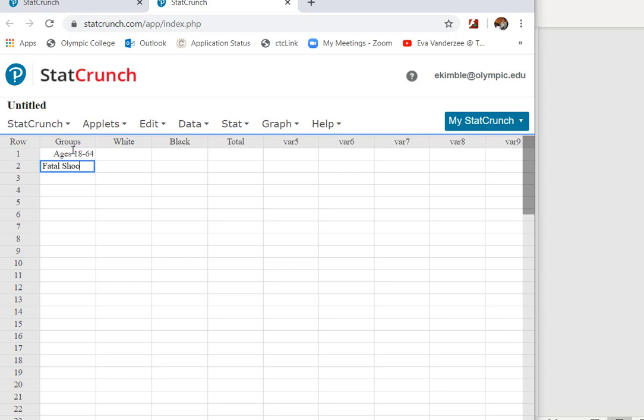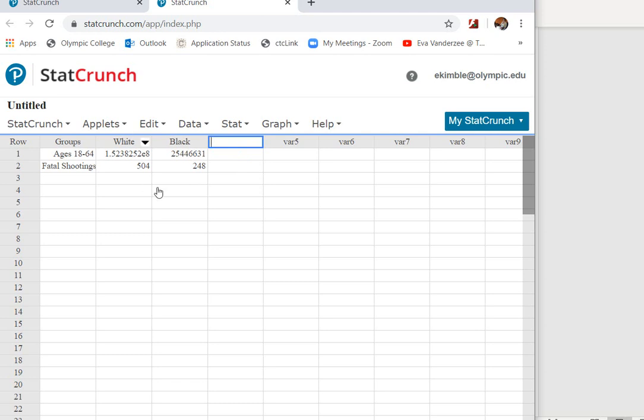And then we're also going to have fatal shootings. We're going to input the observations for each of these. So we're going to have 152, 382, 517, 25446, 631. And for fatal shootings, we're going to have 504, 248. Put the totals in because our software will automatically do that for us.